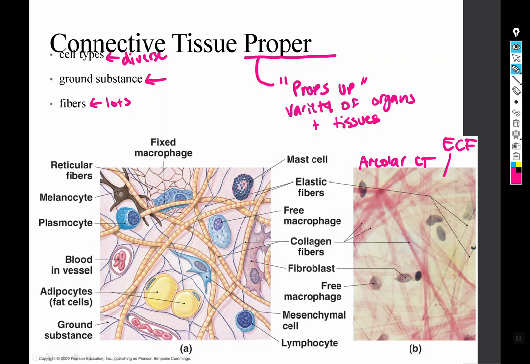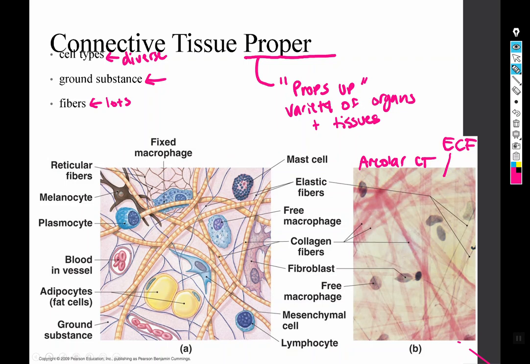So what you can see here is that there's a variety of different cell types. Like fibroblasts tend to have pointy lemon-shaped nuclei, whereas macrophages tend to have round nuclei, but that's not universal. You may also see other immune cells like lymphocytes, which are a kind of white blood cell, bopping around in the tissue.